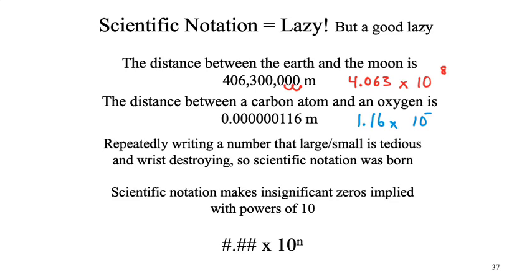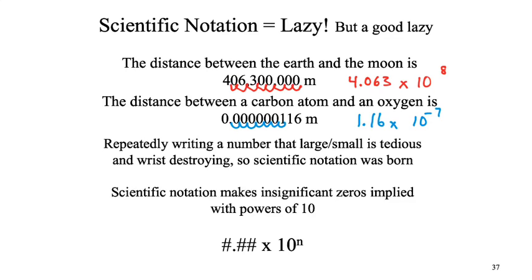I shifted it 1, 2, 3, 4, 5, 6, 7, 8 places to get to scientific notation. That's the 8. How about the small number? Go past the first one. 1, 2, 3, 4, 5, 6, 7. It's the number of places past the first decimal point moving. That's the number that we're putting in there. It's how many places you moved it. Right? If the number is big, make it positive. If the number is small, make it negative.